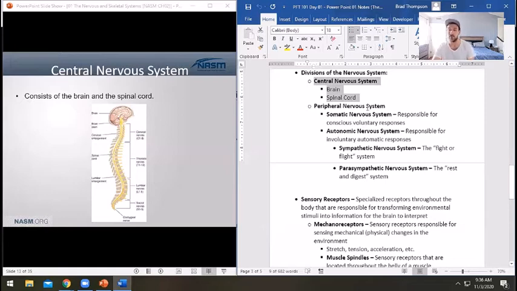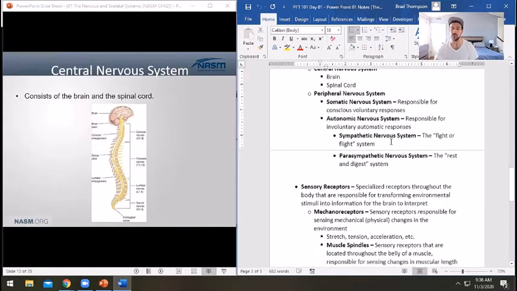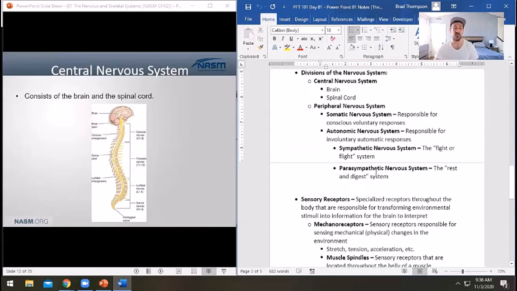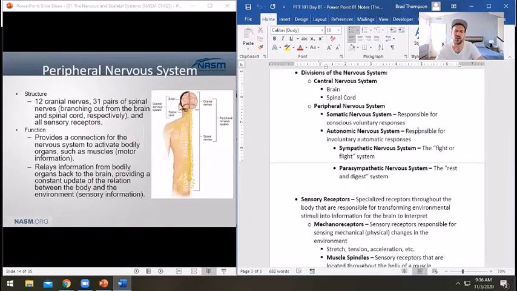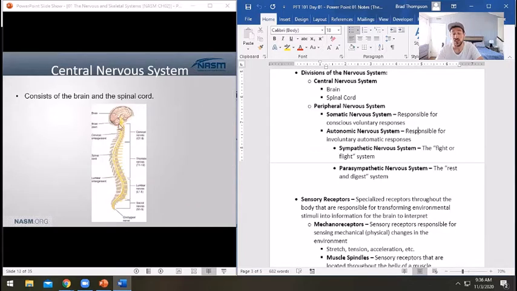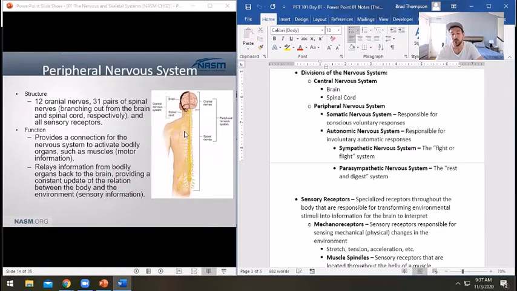That is their job. Your peripheral nervous system is in charge of either gathering info or executing info, right? So that's where your sensory and motor functions are taking place. That's your peripheral nervous system. And actually really quickly, like I said, it's your brain and your spinal cord, and you can see all the different sections of your lumbar spine here, and all the different little roots, and see how all those roots branch out.